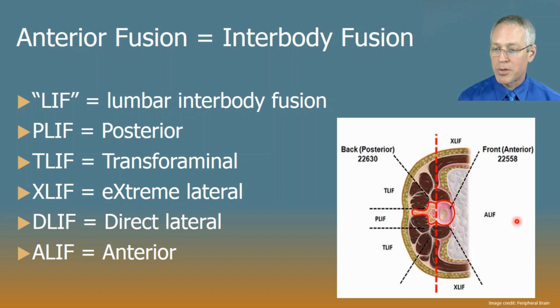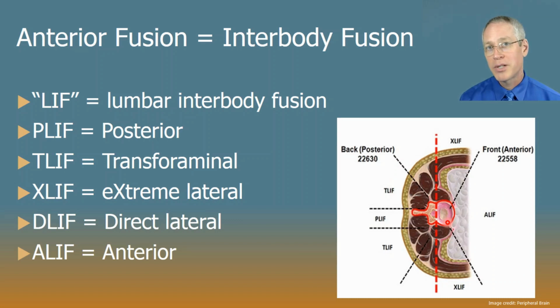Now, the anterior approach through the belly is obviously anterior, and the posterior approach through the patient's midline of their back, that's pretty intuitive too. That's easy. Transforaminal, still through the patient's back, that's pretty intuitively posterior. But what about the XLIF or DLIF, which is actually through the side of the patient, if anything, maybe even a little bit anterior, but it's directly to the anterior vertebral bodies. So that's an anterior approach, believe it or not.